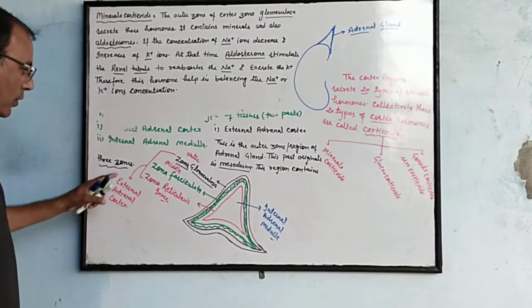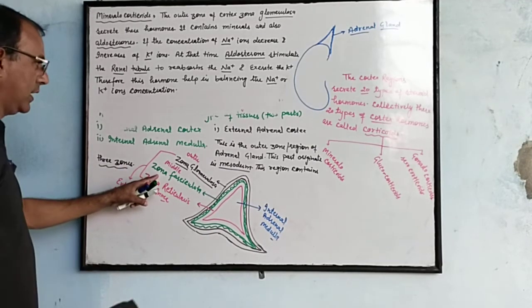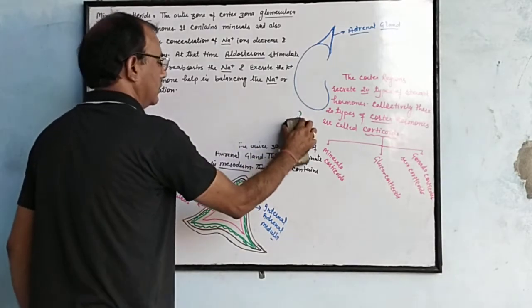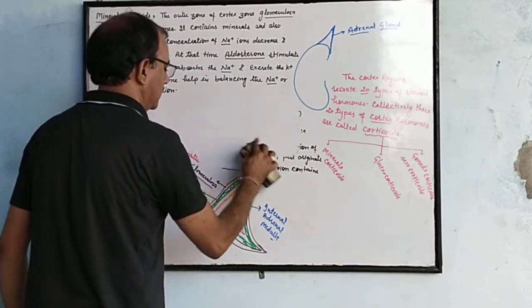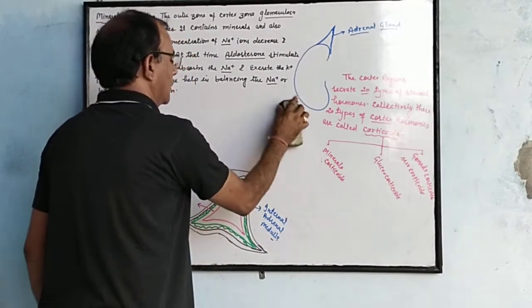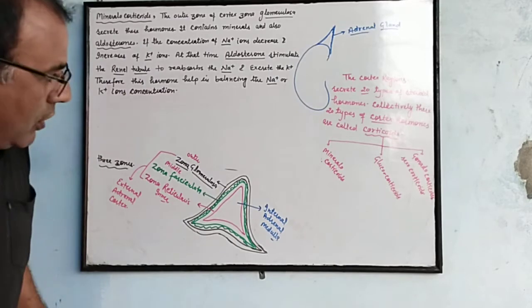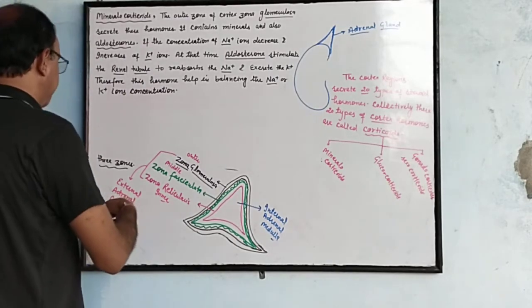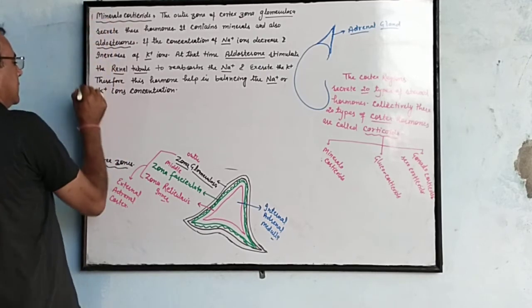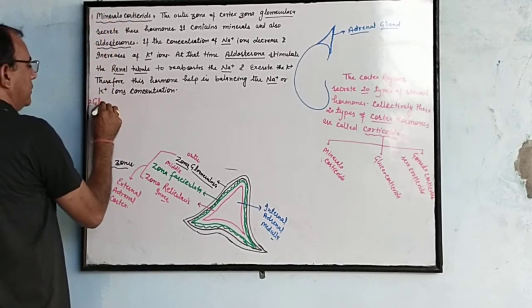The second hormone, secreted by the zona fasciculata, the middle zone of the adrenal cortex, is the glucocorticoids.